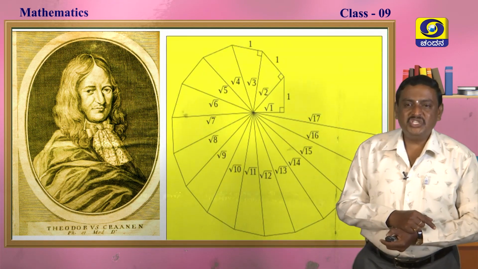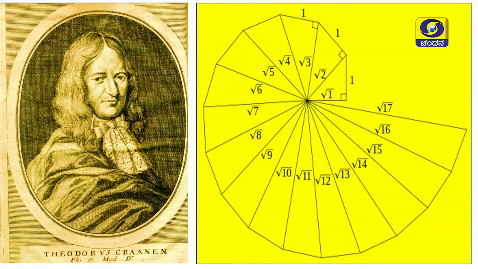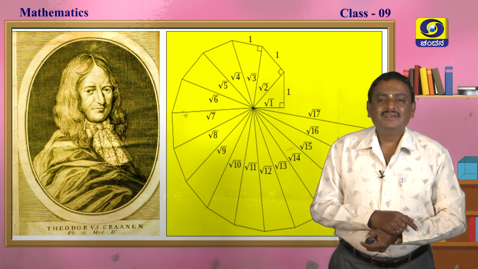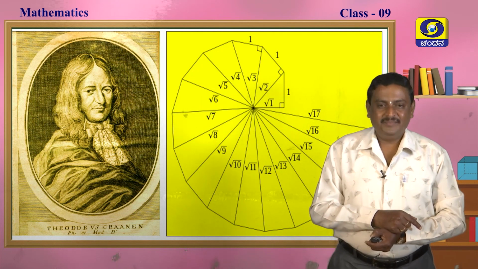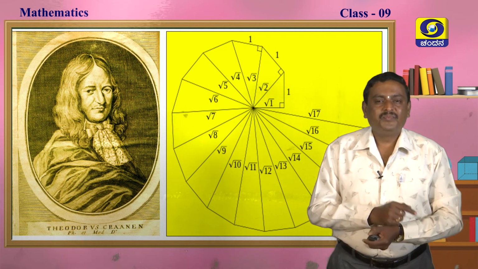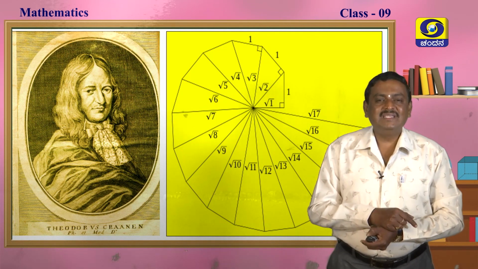Now, who is he? See the picture. What do you observe? In a single sheet, he located root 2 up to root 17 on a number line. See, this is called Theodorus wheel. The person who constructed this wheel is Theodorus.